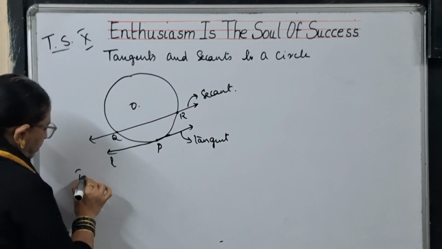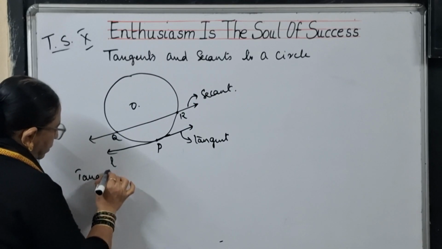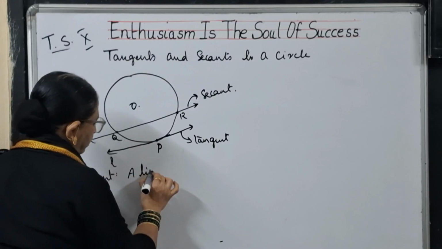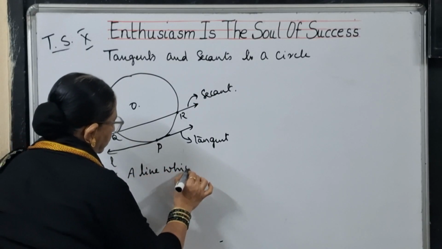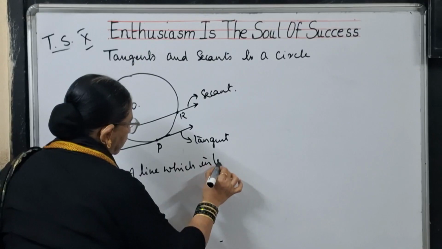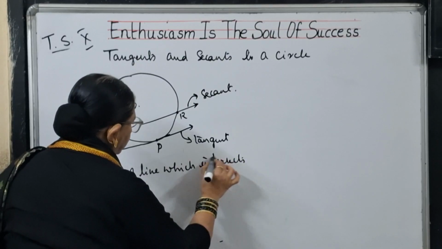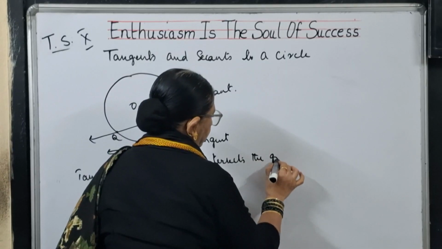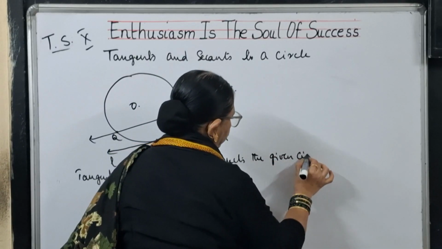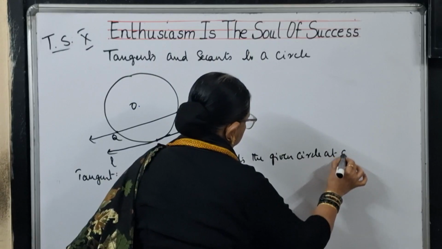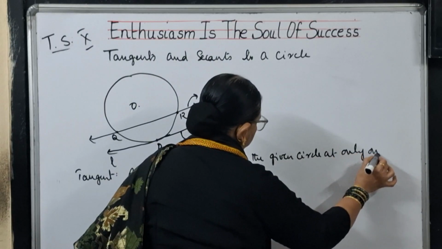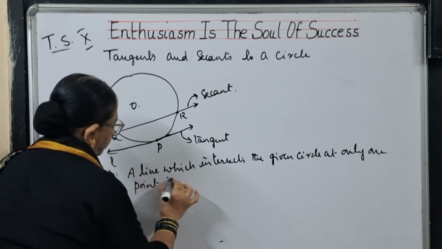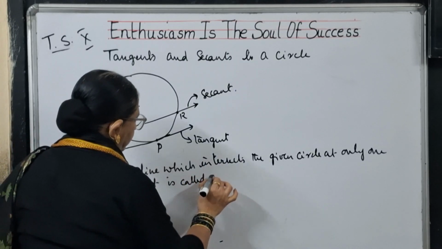So, what is the definition of a tangent? A tangent, a line which intersects the given circle at only one point, is called a tangent.